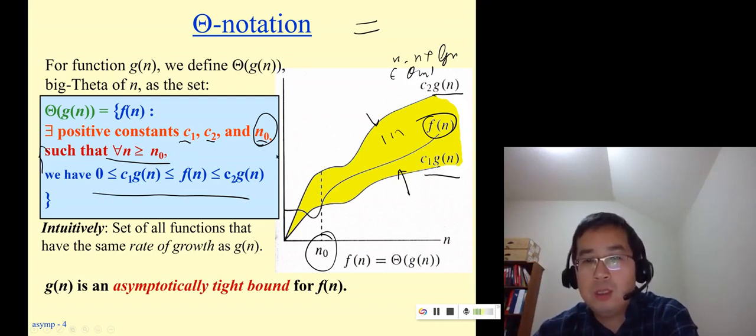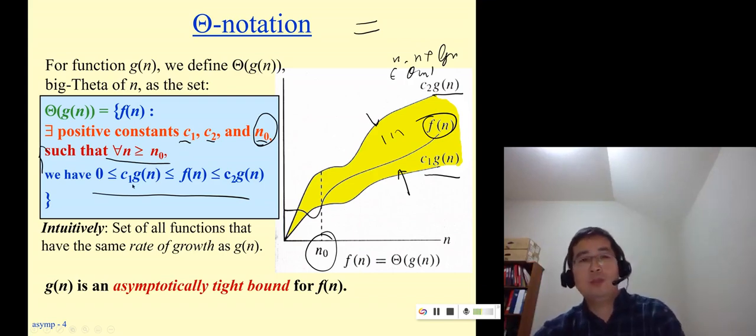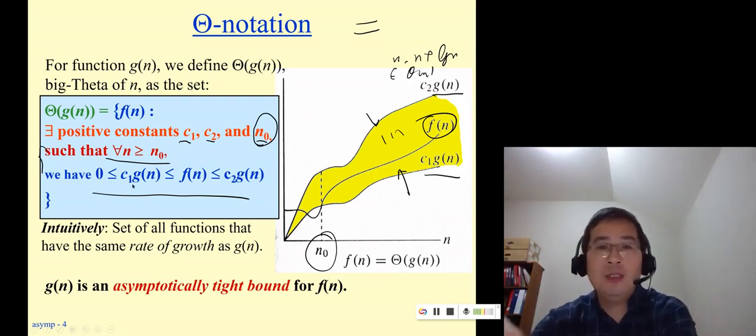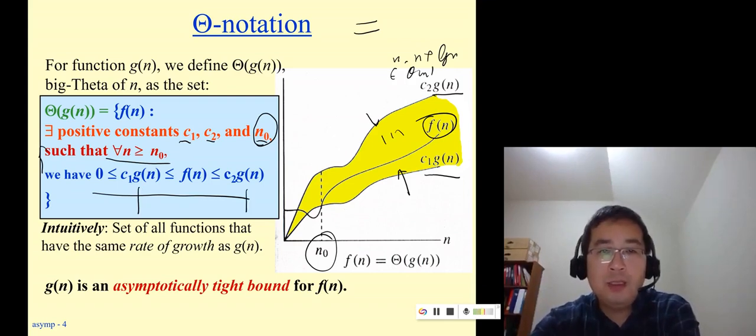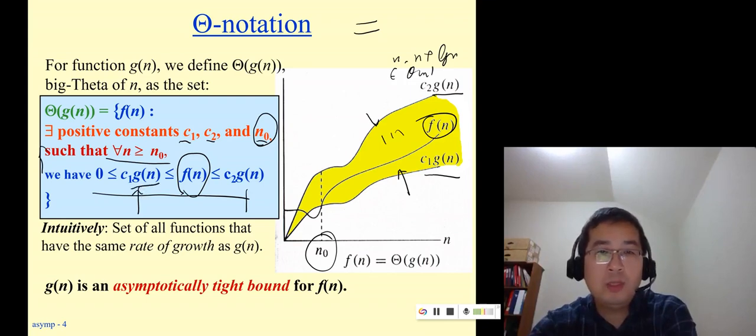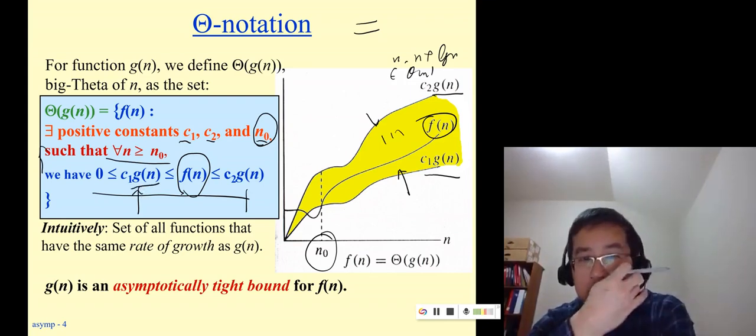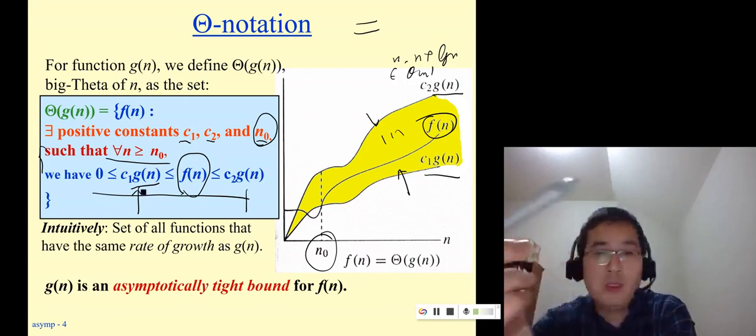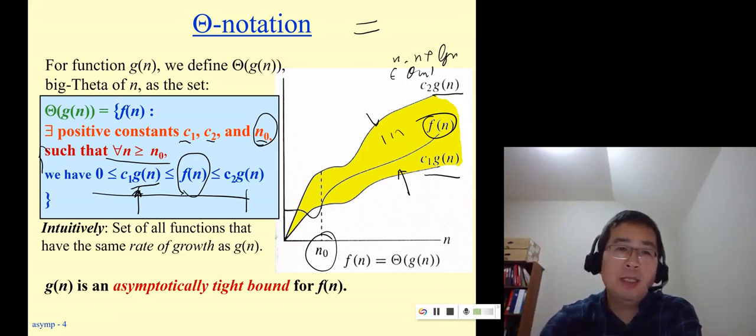So we find N0, and we can define the lower and upper bounds for f of n. So f of n is larger than or equal to C1 g of n, and C1 g of n is also larger than or equal to 0. So g of n is positive, and C1 is positive because it's time complexity, and we also find a large enough N0.